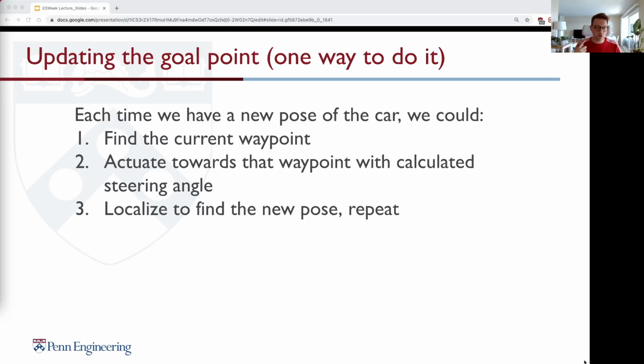And that's what we do constantly, which means in our update cycle on the car, we search for the next waypoint, we actuate towards the waypoint, and then we localize again.